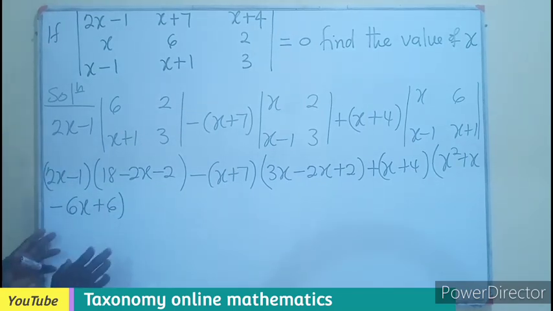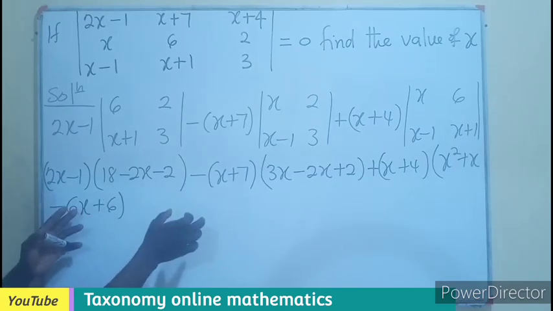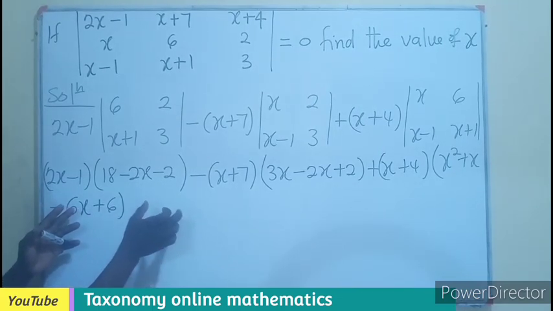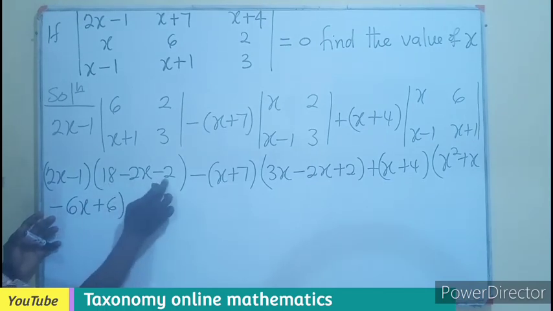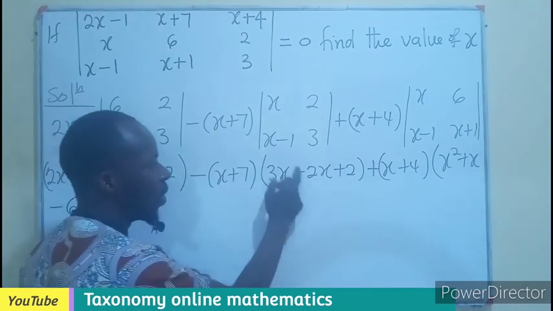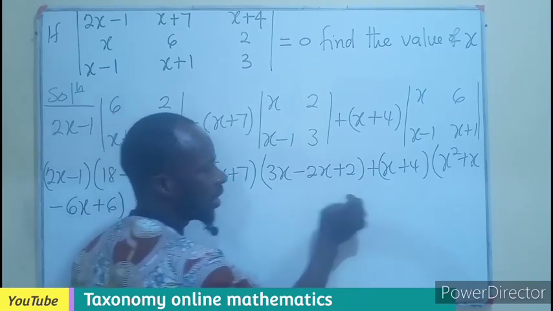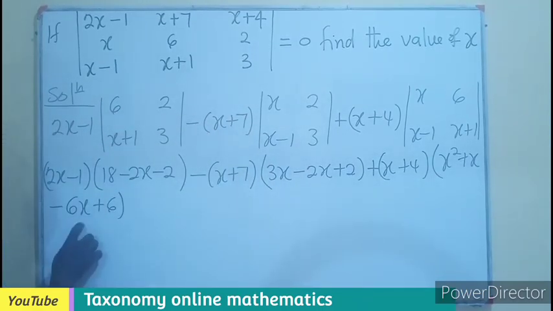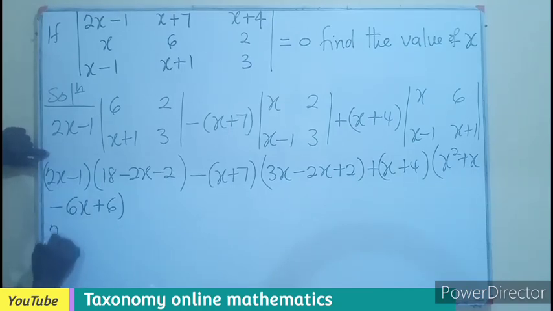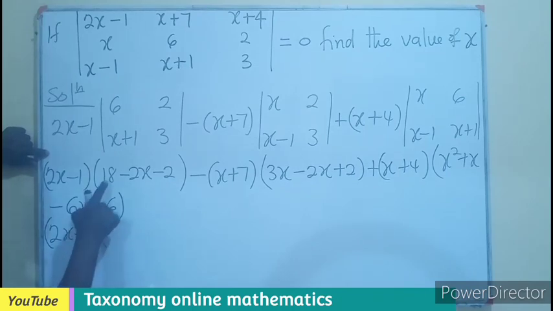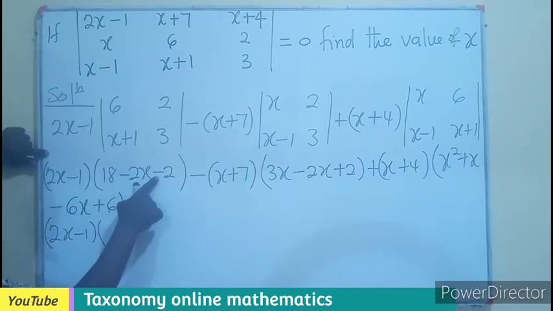Okay, so now what do we do? We need to expand the bracket further. Or better still, let's see if we can simplify the bracket. I'm seeing a constant and a constant, x power 1, x power 1. We can simplify. So let's see. Still holding my 2x minus 1. In this bracket, the 18 minus 2 will give me 16.